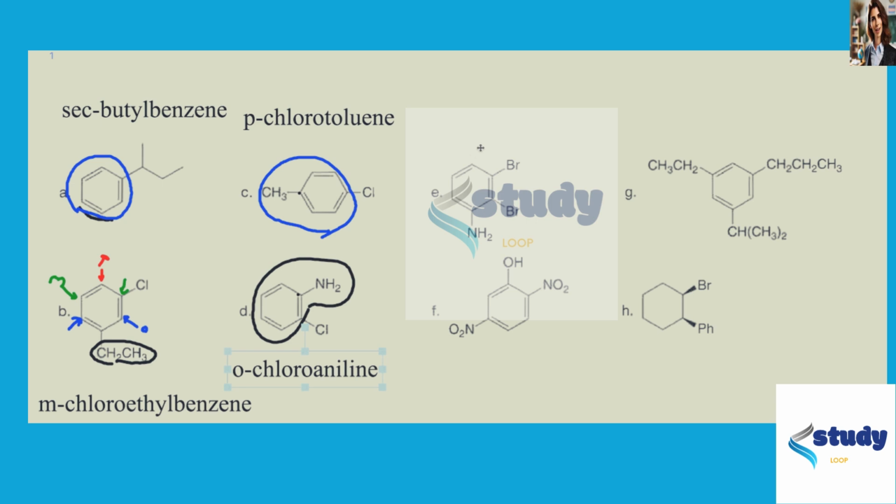Now, what about for E? Well, for E, we identify that our parent chain here is also an aniline once again. But this time we have 2 bromines.